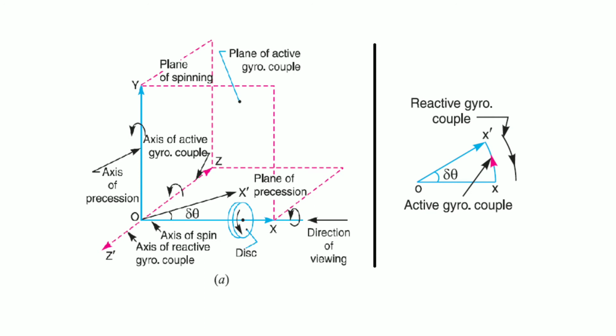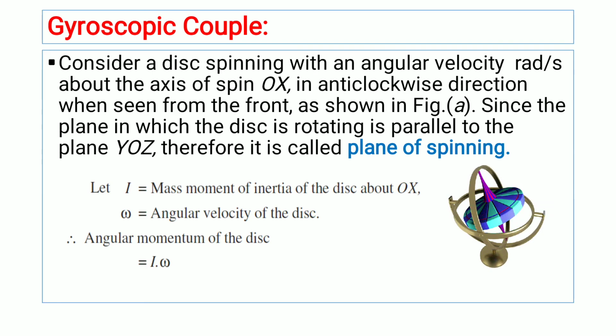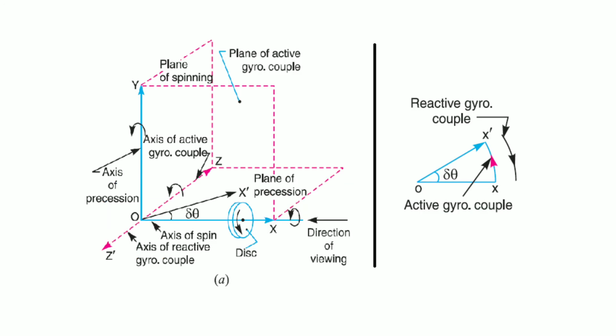So OX is the axis of spin. Since the plane in which the disc is rotating is parallel to the plane YOZ, therefore it is called the plane of spinning. So here this disc is rotating in this YOZ plane. So YOZ plane is known as the plane of spinning.